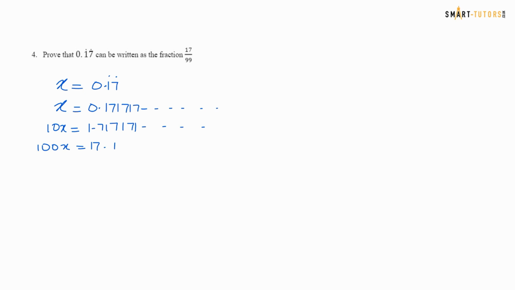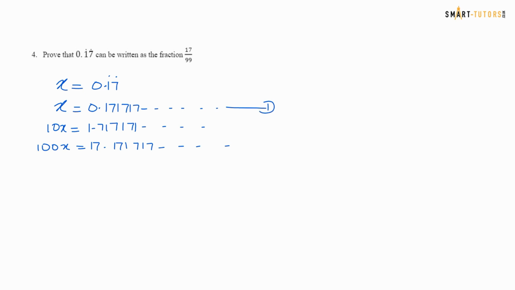Question number 4. Prove that x equals 0.1 recurring, 7 recurring. So x equals 0.171717. I'm times it by 10 and see whether anything happens: 1.717171, and if I times it by 100x, it's going to be 17.171717.